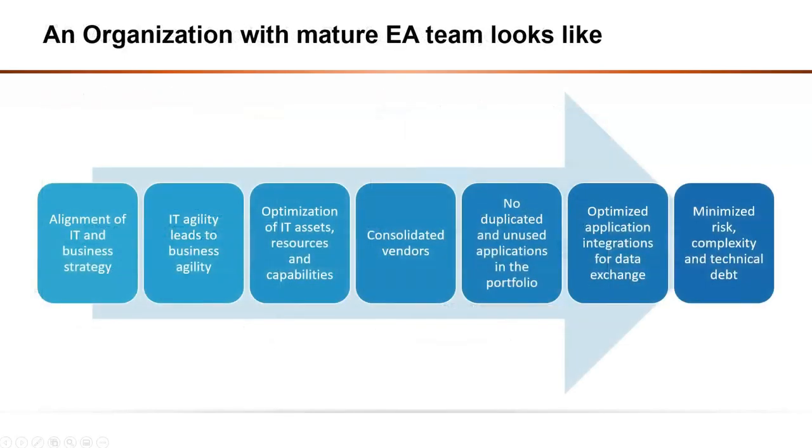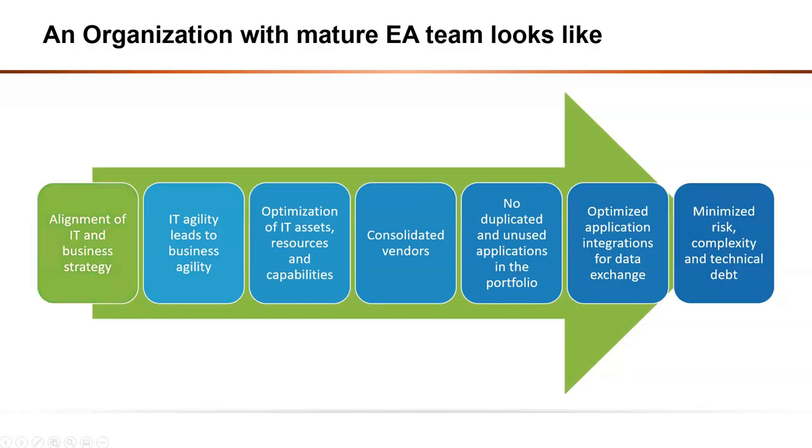So with that, to summarize enterprise architecture, let's say a company has a proper EA team established and matured. What does it look like? There is a strong alignment of IT and business strategy, and there is IT agility, which leads to business agility so that it can react to changes, and optimization of IT assets, resources, and capabilities, and consolidated vendors.